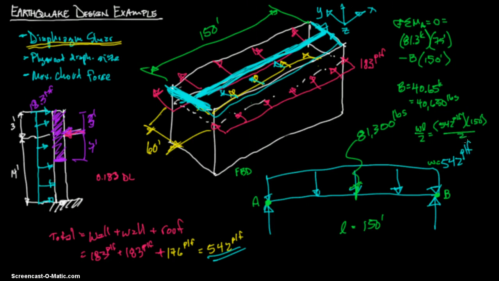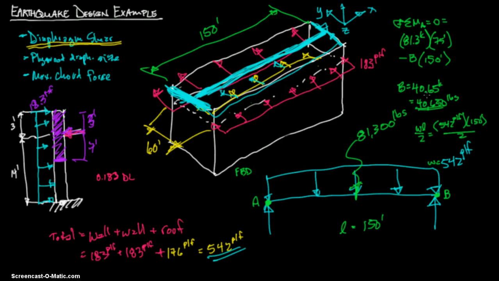Using the calculator, 542 times 150 divided by 2 equals 4,650. It equals this exact same number. So that's how you get WL over 2. It's the same as going ahead and doing that.